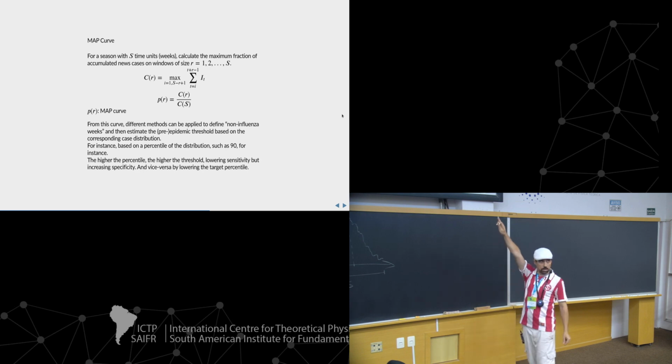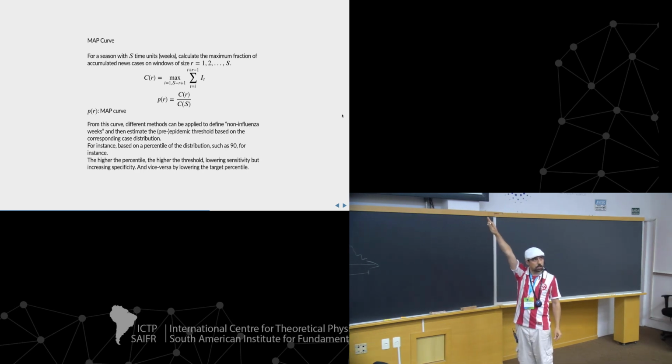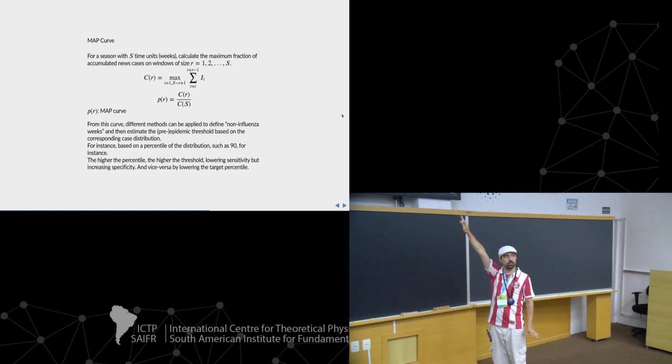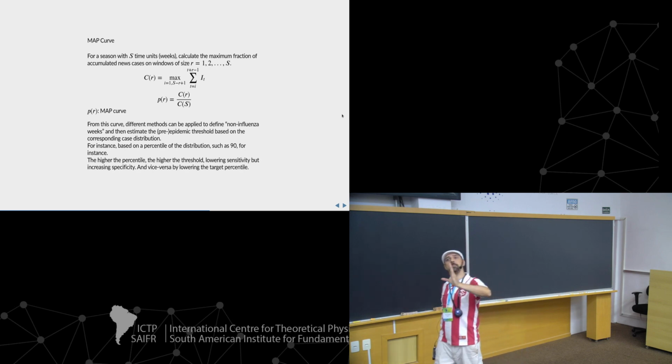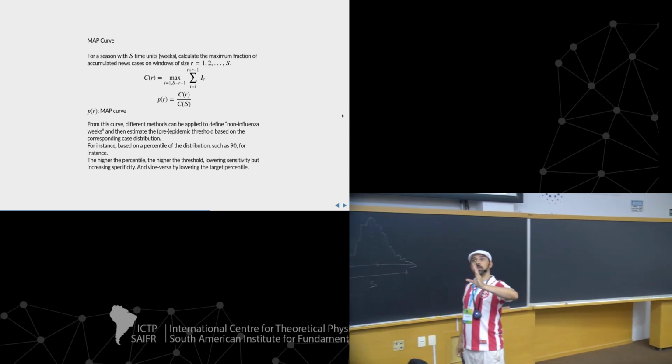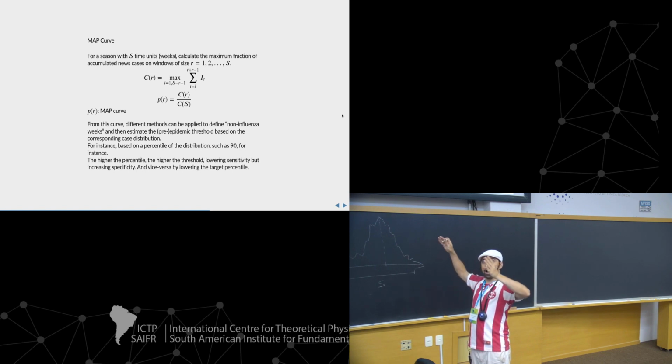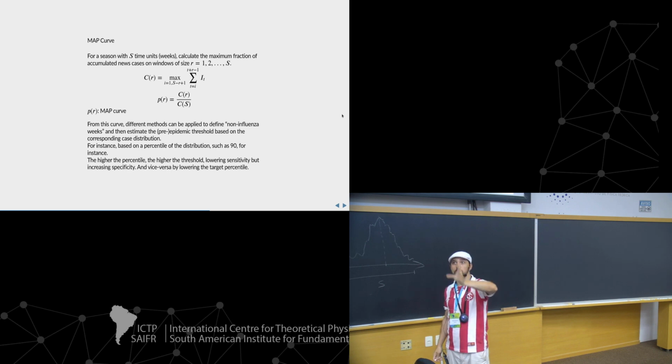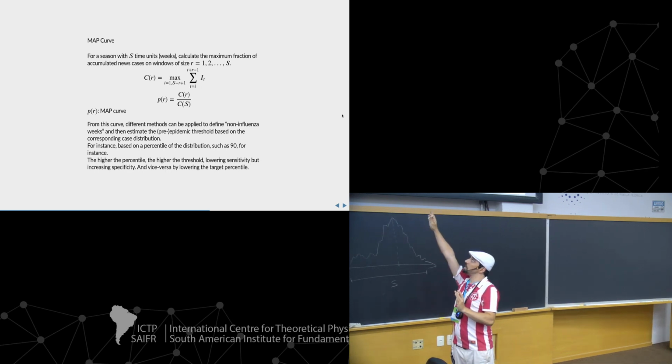Okay? Is the notation there clear? Does anyone have difficulty understanding? Sure, go ahead. So i is the starting point. For a window of size 1, I can start at week 1, week 2, week 3, week 4, whatever, and since the size is just 1, I will only look at that specific value.